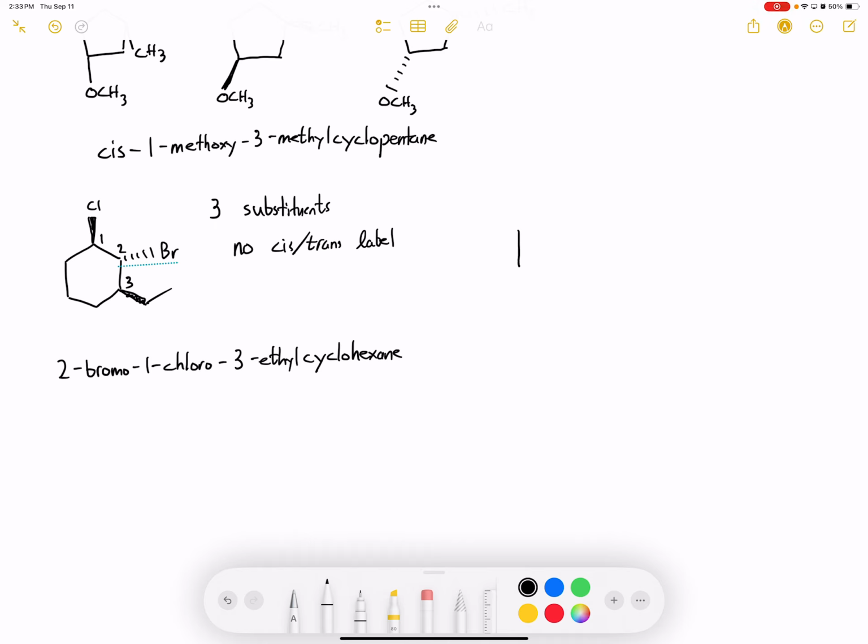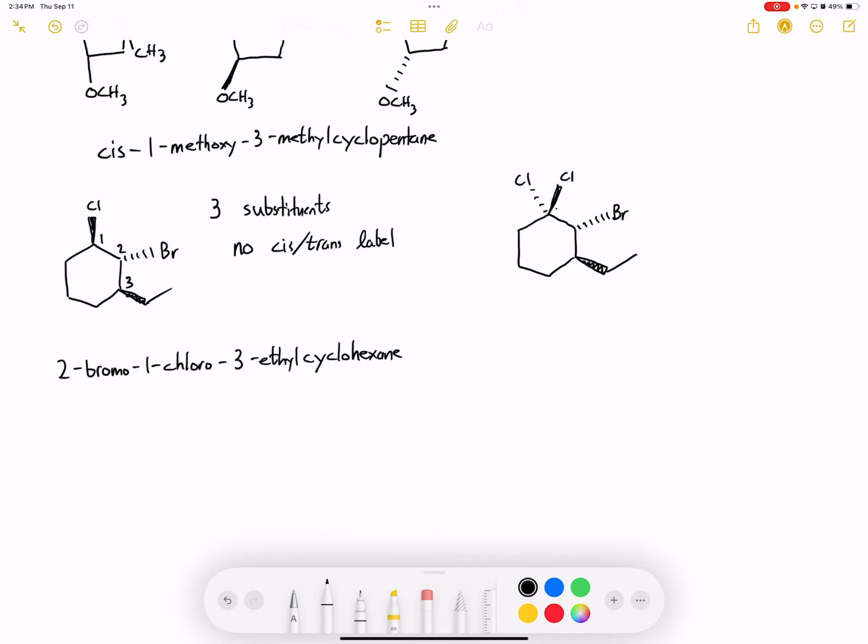This is that exception or requirement I was talking about. So we have 2 chlorine atoms here. These 2 chlorine atoms may look like they're cis and trans, but they're on the same carbon atom. Cis and trans have to be on carbons adjacent to each other. So now let's draw the bromine here, wedged, and then the ethyl group here.